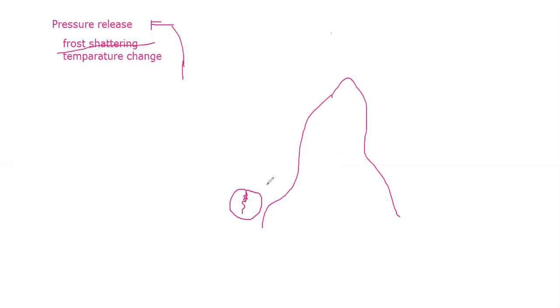This is during the warm period. Now when the temperatures fall, the water in the rock freezes. And you know that when water freezes, it expands. So therefore, the crack widens.